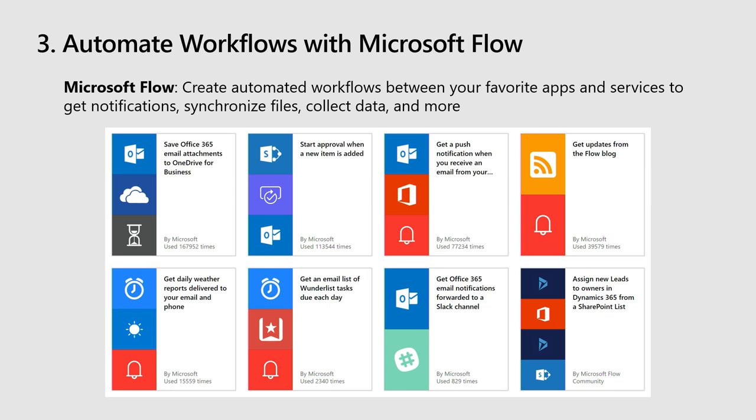So here I have a set of examples. The first one is saving Office 365 email attachments to OneDrive for Business. This is the one I'm going to show you how to set up in Flow.